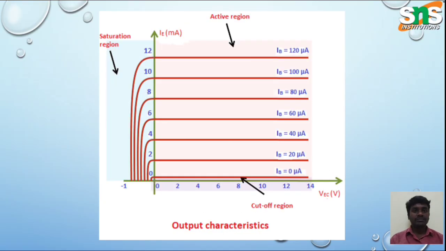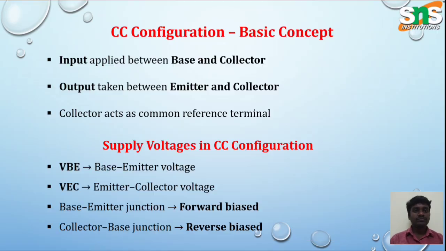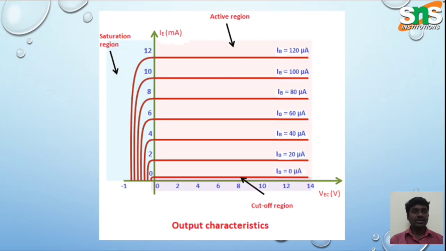Now the output characteristics for the common collector configuration. On the x-axis we are taking VEC, the potential difference between emitter and collector, and on the y-axis IE, the emitter current. The output is taken from the emitter and collector, so the emitter collector voltage is the output voltage.